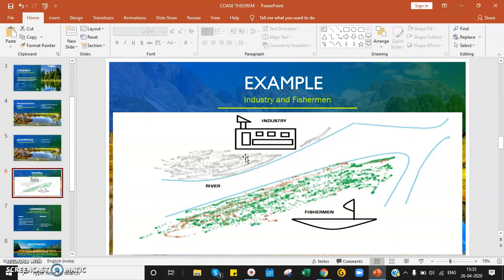Industries are using this river to release toxic chemicals, which are the byproduct of their production. Fishermen use this river too, and the purpose of the river for both the parties is completely opposite. This is the main issue at hand, and Coase theorem gives us a way to solve it.